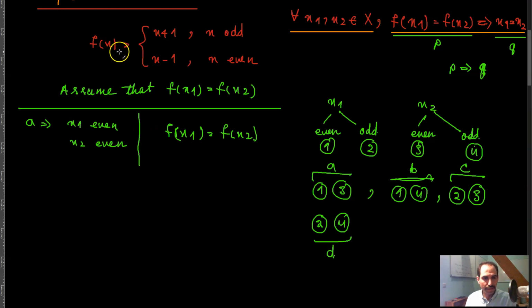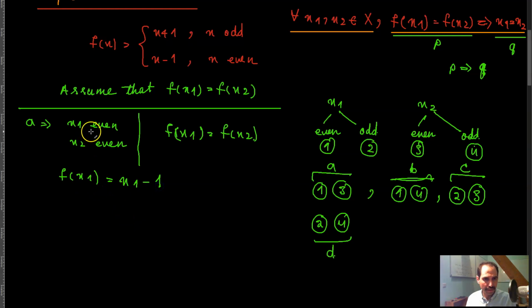If x1 is even, then I have to use this part of the function in order to know what happens to any output, right? So since x1 is even, f of x is equal to x minus 1. Therefore, f of x1, using this part of the function, would be x1 minus 1.